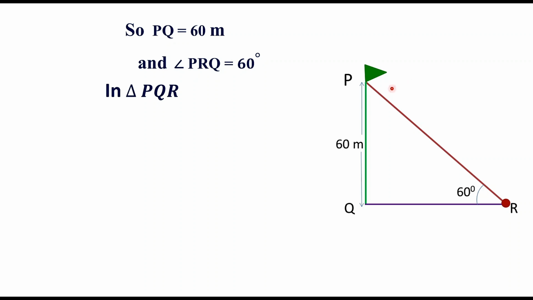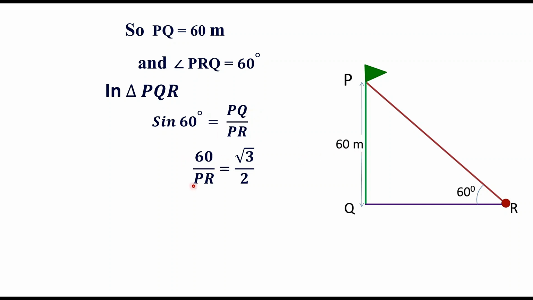So in triangle PQR, PQ is perpendicular and PR is hypotenuse. So again, the ratio between perpendicular and hypotenuse is equal to sine 60 degree is equal to PQ by PR. And substituting the value of PQ and sine 60 degree, PQ is equal to 60 meter.